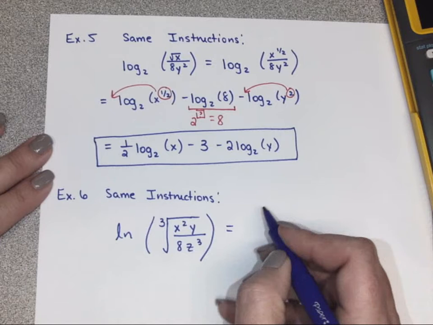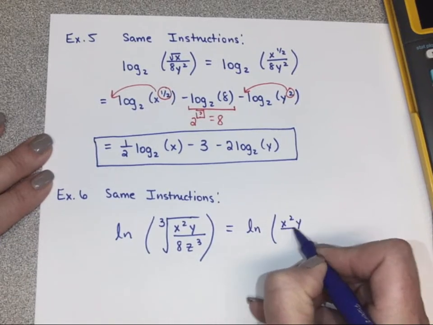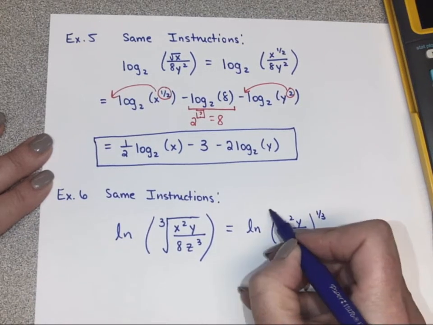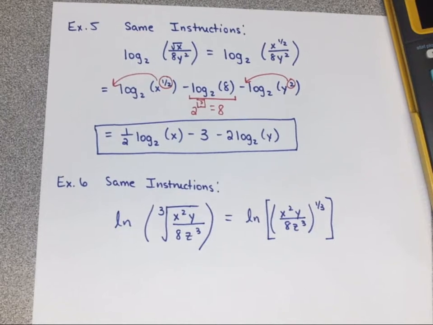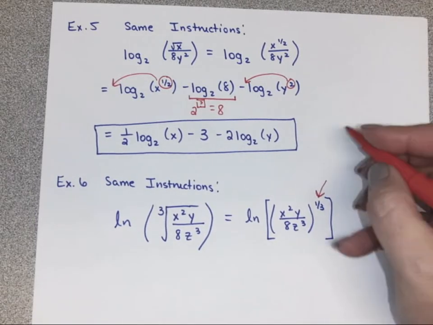Okay, so the first thing we're going to think about is this is essentially just this fraction raised to the 1/3 power. Why is it 1/3 power? Because what kind of root is it? It's cube root, right? So it's 1/3 power. Okay, so notice this 1/3 power is going to go to everything.